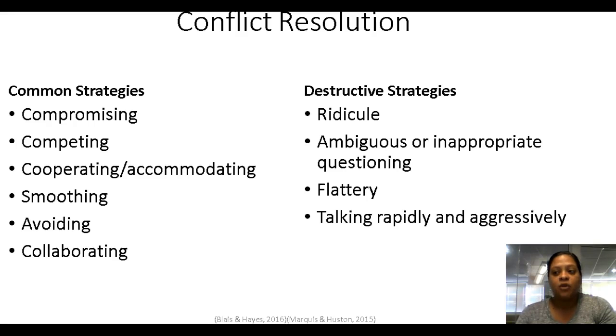Similarly, in smoothing, one party attempts to pacify the other party. The unit clerk, for example, can apologize to the nurse for this particular instance, but there's no resolution because this type of scenario will just continue to happen. The actual problem, which is a delegation and communication problem, is not being resolved.